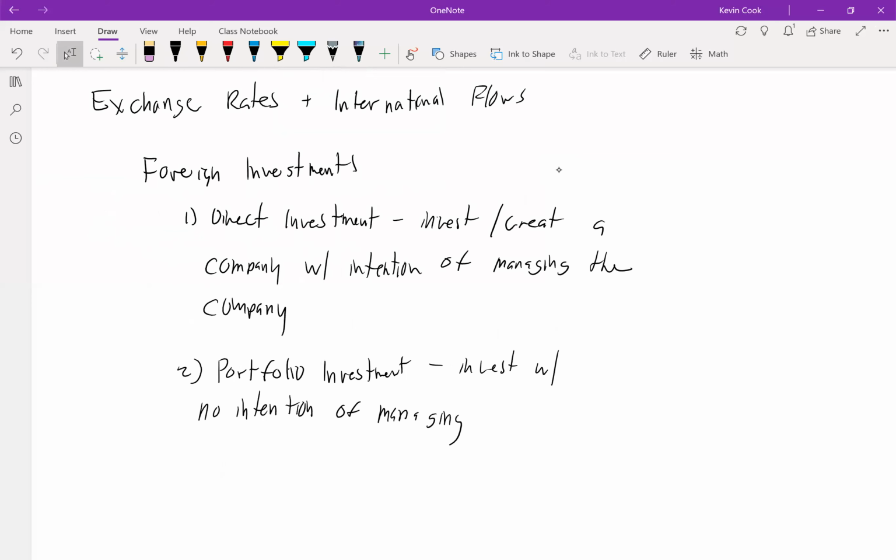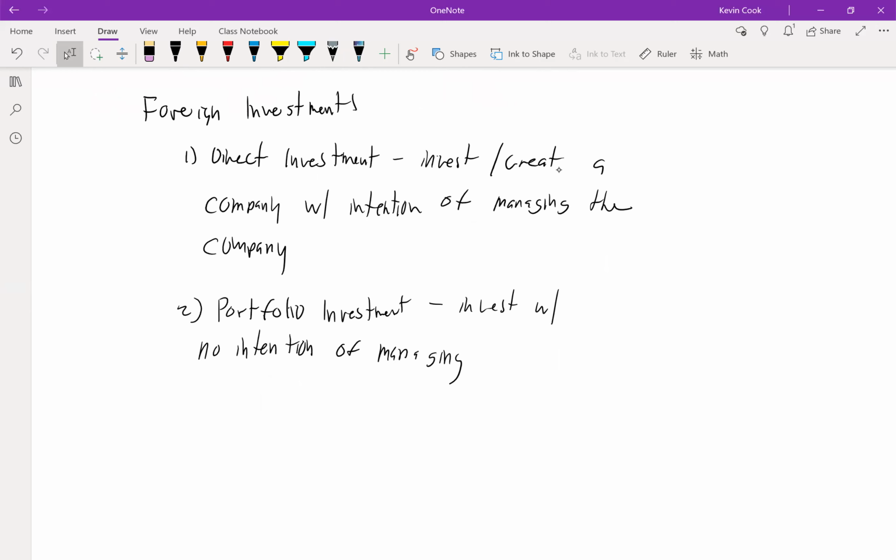But one of the things that can come up with investments is things can go wrong. So we want to protect ourselves if something goes wrong, whatever the case is. So what we have is what's called hedging.